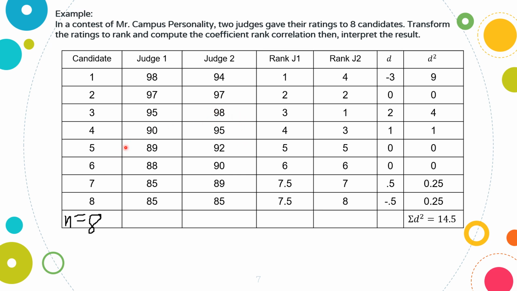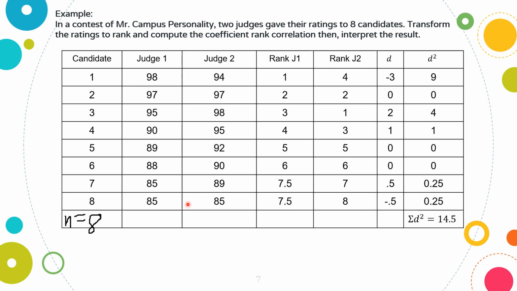For candidate number 5, 89 given by Judge 1 and 92 given by Judge 2. For candidate number 6, 88 given by Judge 1 and 90 given by Judge 2. For candidate 7, 85 was given by Judge 1 and 89 given by Judge 2, and candidate number 8, the same yung score ni Judge 1 at ni Judge 2.